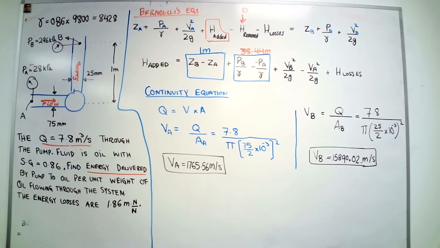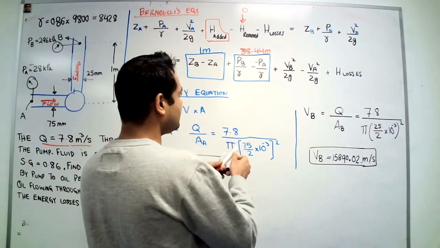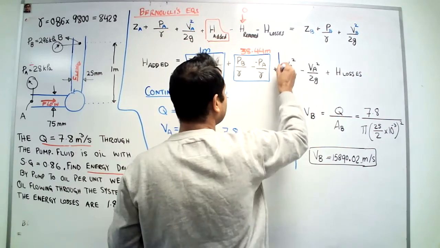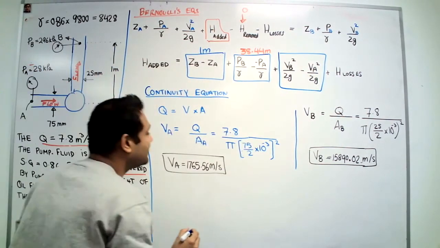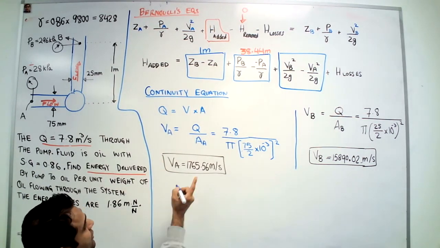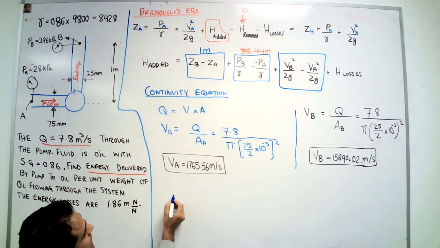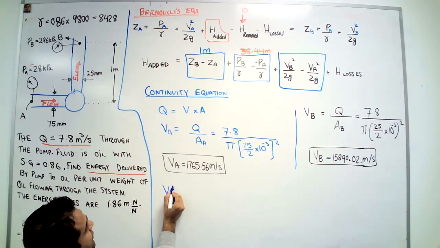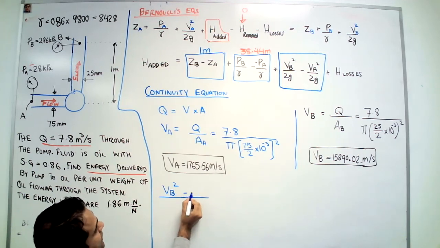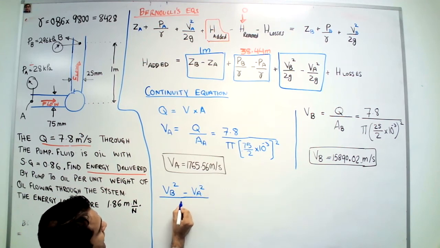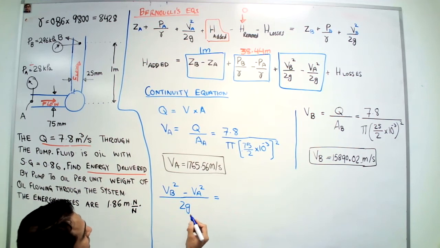Okay, now what we need to do is find out this bit. We got that bit, so we need to find out this bit. To find that bit, we are just going to put it in that equation. So VB square over 2g minus VA square over 2g. To make your life simple, you can put the 2g in one go because it's still going to give you the same answer.